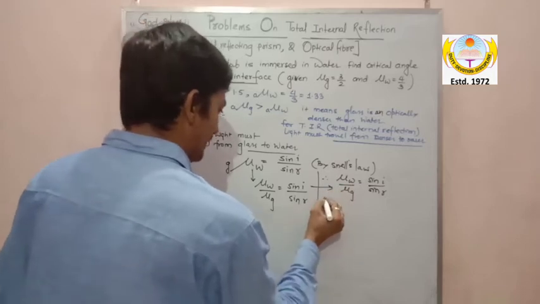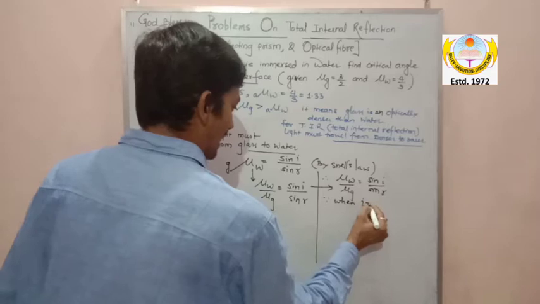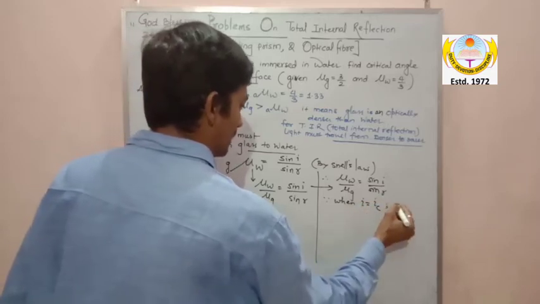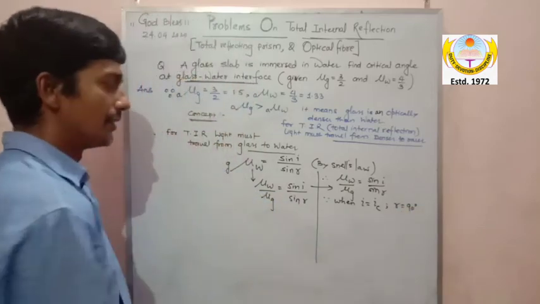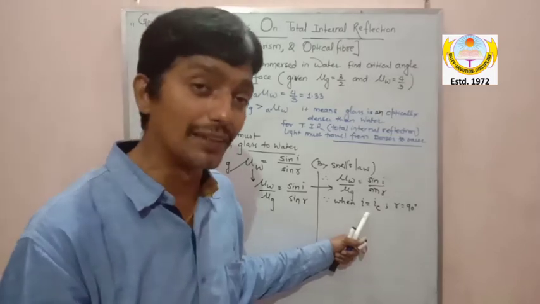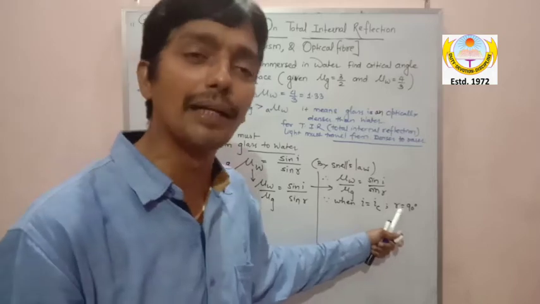Now you know that when your angle of incidence becomes the critical angle, when I is equal to IC, my dear, that time R is equal to 90 degree. When incident angle becomes the critical angle, the R becomes 90 degree.